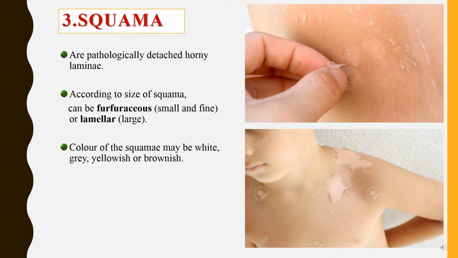According to the size of the squama, it can be pityriasiform, that is small and fine, or lamellar, that is large. Knowledge of the forms of desquamation and type of the scales helps in making the diagnosis of some dermatosis diseases.